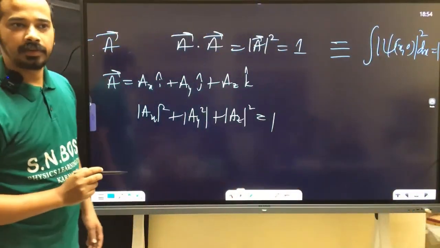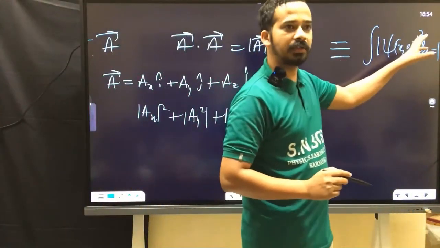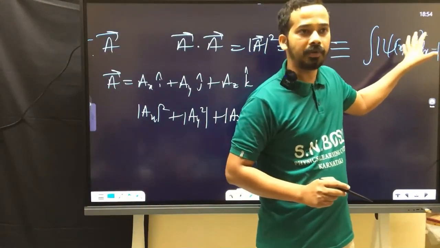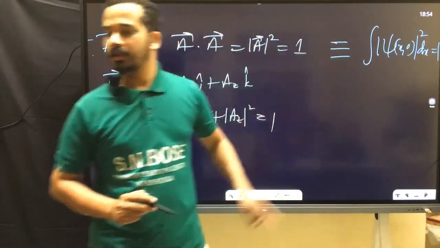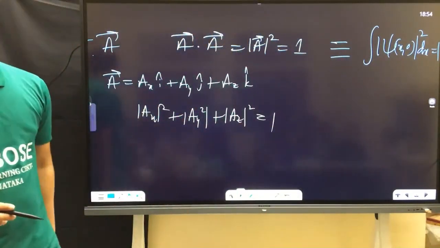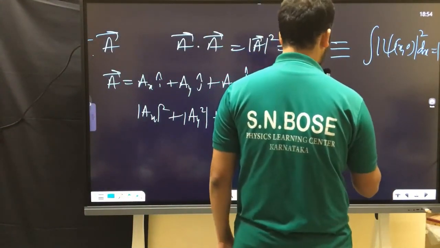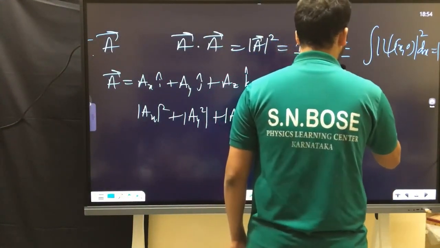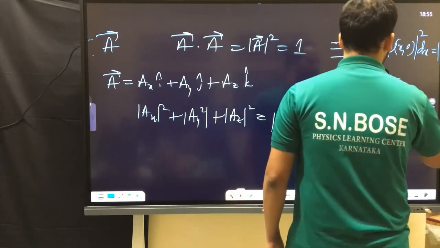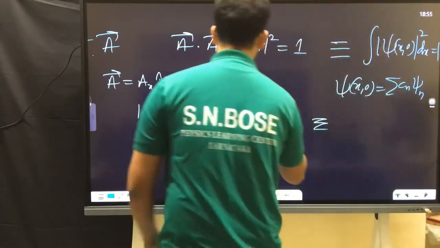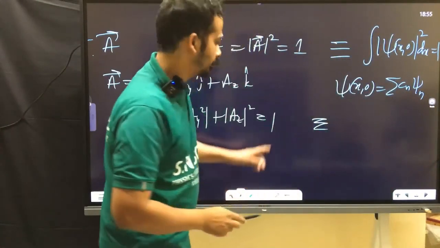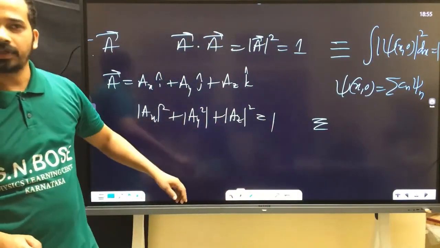Because psi star into psi is nothing but a kind of inner product or dot product, as we discussed in the orthogonality relation. That is equal to 1, and this is equal to what you get after expanding psi of x comma 0 as summation over Cn into psi n. This expansion is equivalent to this one. Is that okay?